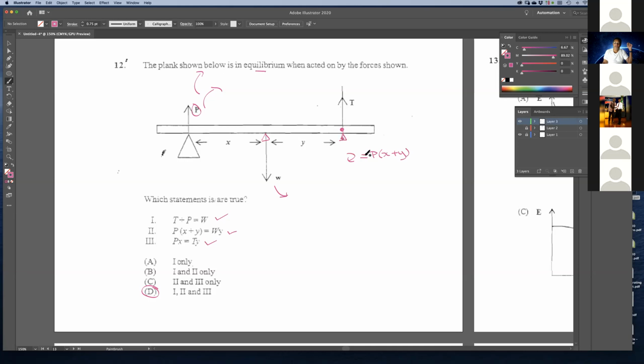And the anti-clockwise moments would be equal to W multiplied by Y. Equilibrium means that the clockwise must be equal to the anti-clockwise. So P into X plus Y must be equal to W by Y.